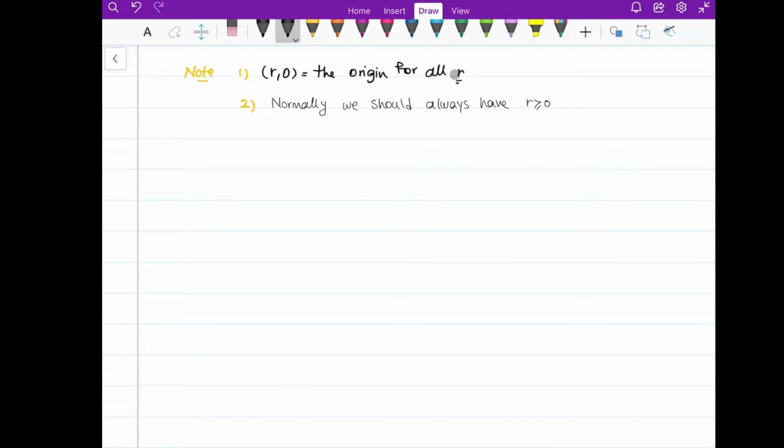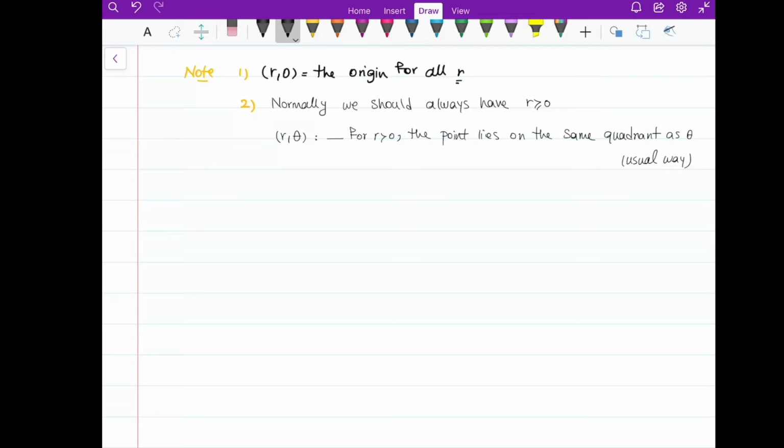But sometimes we really need r to be negative for some curves, so we need to have a convention for r negative. So I'm gonna say that if r is positive, the point lies on the same quadrant as theta.